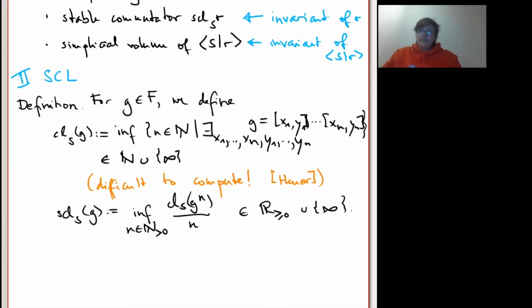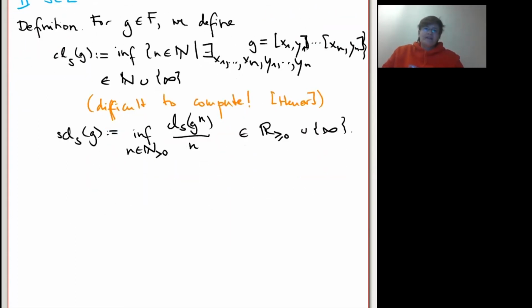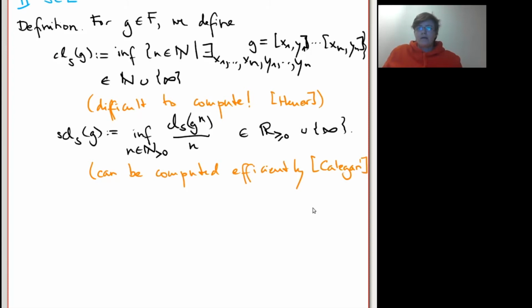And this is maybe a little bit surprising. This is more or less easy to compute. I mean, not by hand, but by a machine. So this can be computed efficiently, and this is due to Calegari.